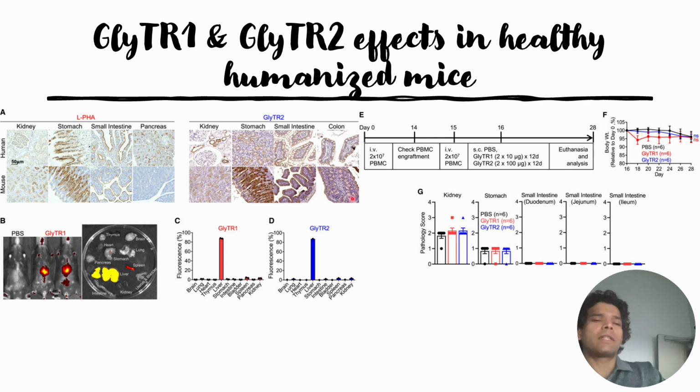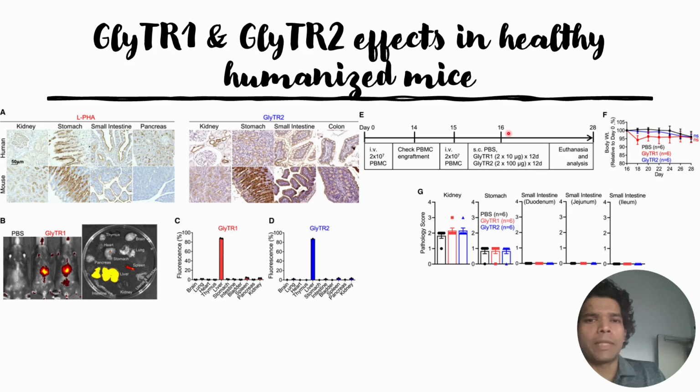Once they found that there are no side effects, they designed an assay to check the toxicities in the humanized mice. First they inject PBMCs and confirm PBMC engraftment, and after that they inject some more PBMCs and then GlyTR1 and GlyTR2.